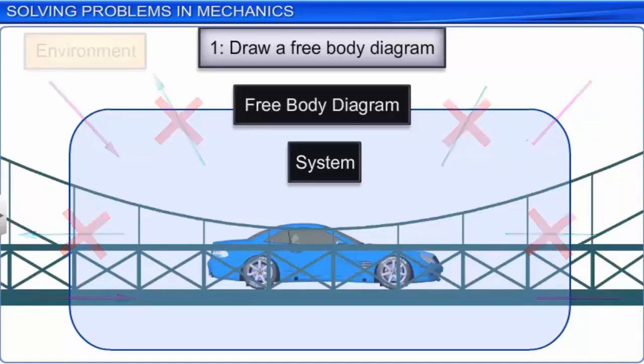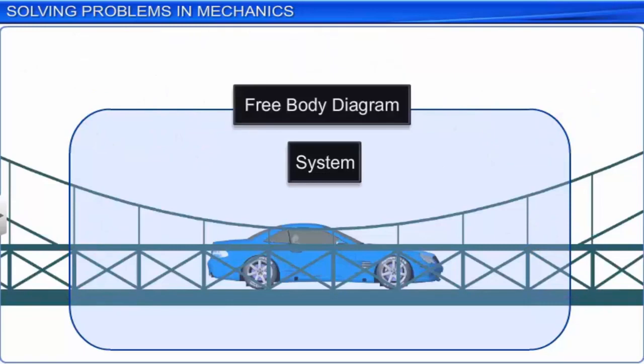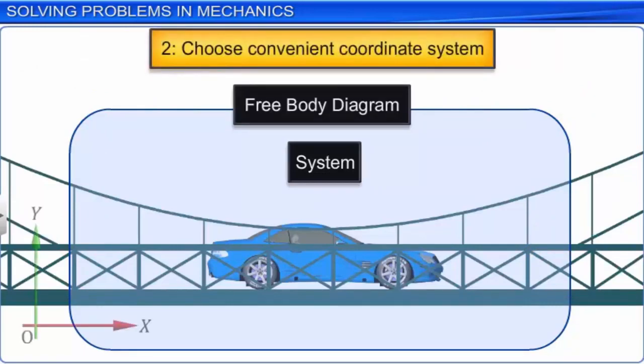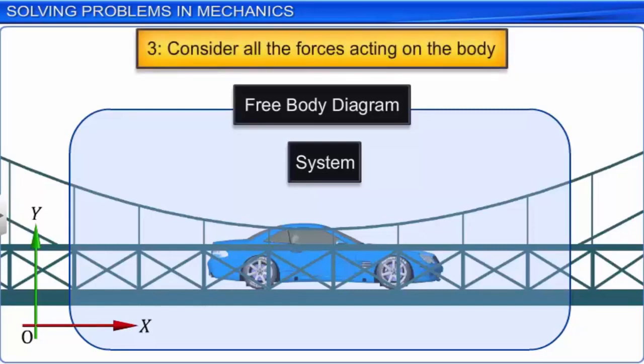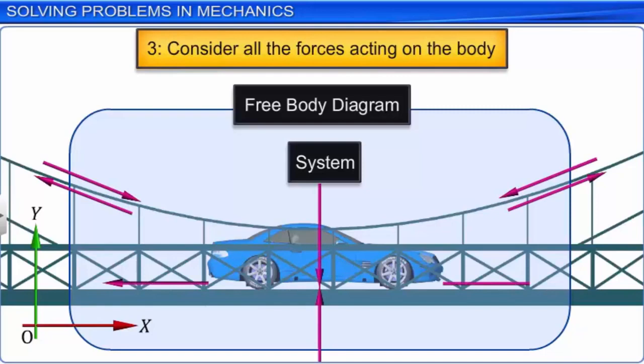Next, we choose a convenient coordinate system to resolve the forces involved. Coordinates should be chosen keeping in mind the probable direction of motion of the body. This makes the solution easier. Then, we add details about all the known and given forces on the system, indicating their respective magnitude and direction.